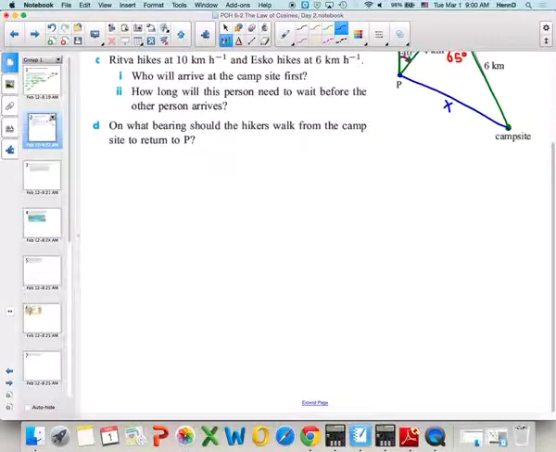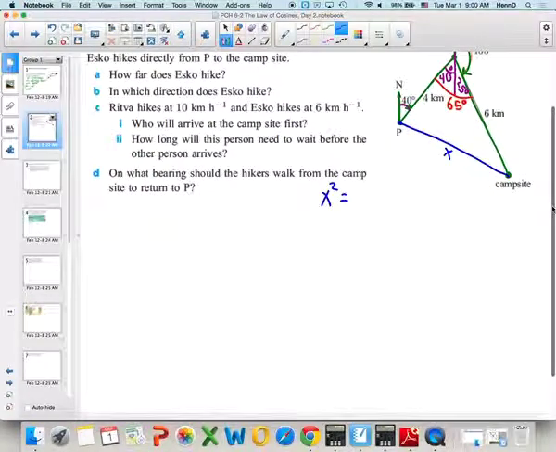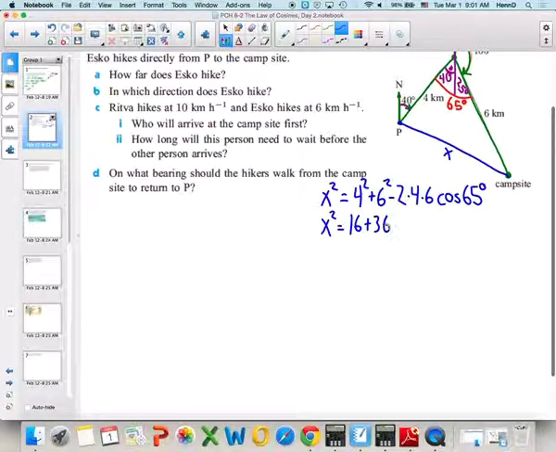X squared equals 4 squared plus 6 squared minus 2 times 4 times 6 times the cosine of 65. Again, don't be afraid to do some of this in your head. X squared is 16 plus 36 minus 48 cosine of 65.